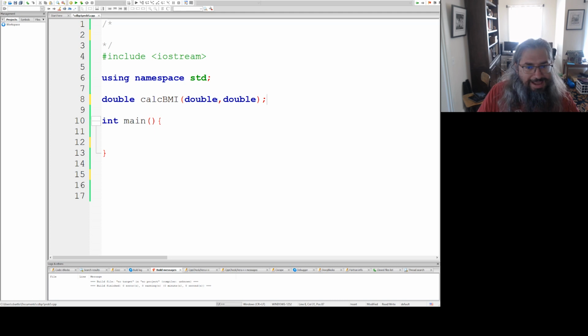They might put in a half, or they might weigh 154.3 pounds or something like that. So doubles make sense more than integers. I'm going to copy that because I'm going to work on making my function right away. And I'm going to do my double. I'm going to use, in this case, h for height and w for width.